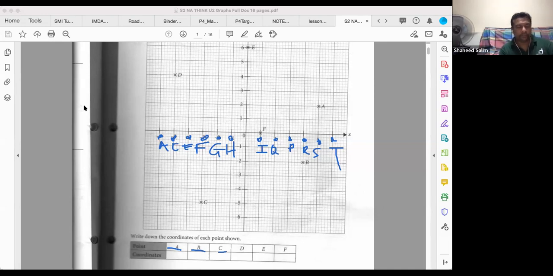Shafika very fast. First one correct. B. Let's see B. Shafika, second one correct. C. Shafika, third one correct. Well done. So Shafika, all 3 correct.